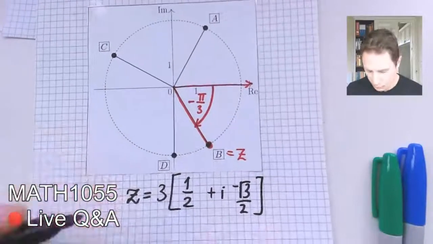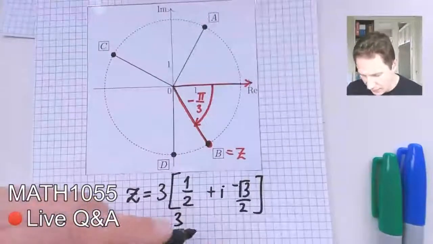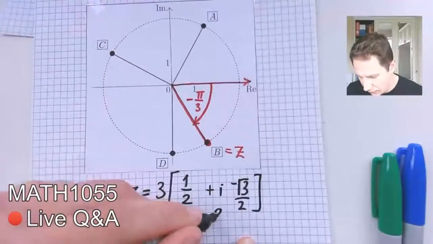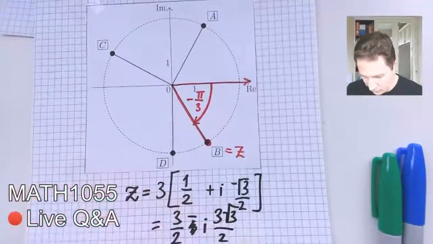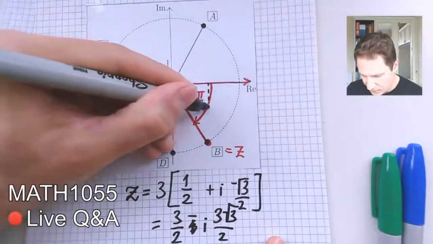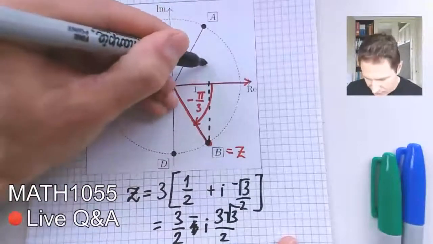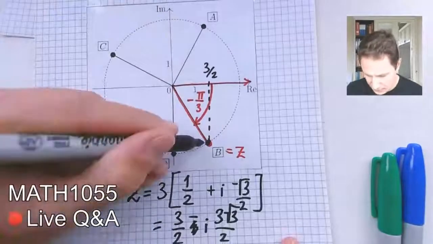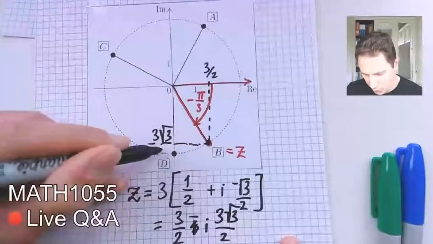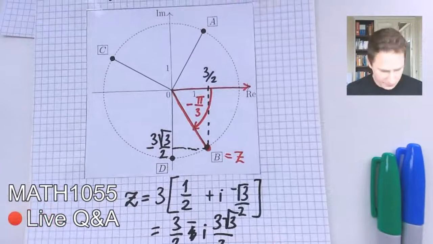Of course, one can write it by expanding this product as 3/2 plus I times minus 3 root 3 over 2. It tells you that the real part of this number is plus 1/2, so that's 3/2, and the imaginary part is minus 3 root 3 over 2. Okay, so I hope this was clear.